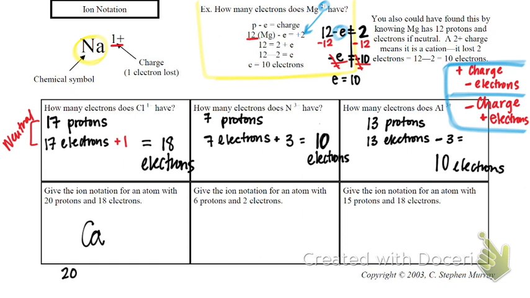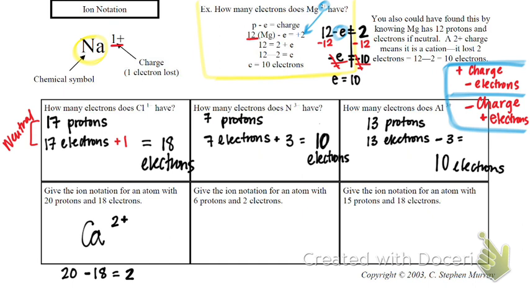So we've got 20 protons, 18 electrons. Positive or negative? No, you're right. So you put the number first and then the charge behind it for this ion notation.